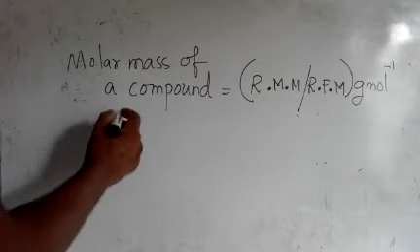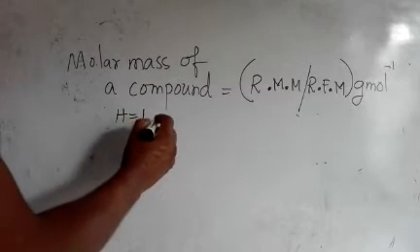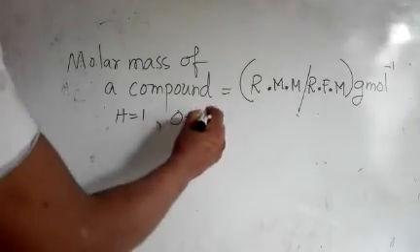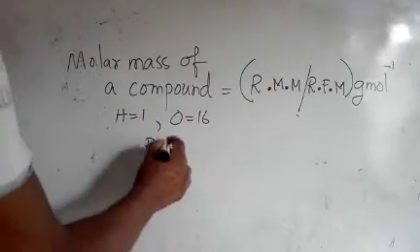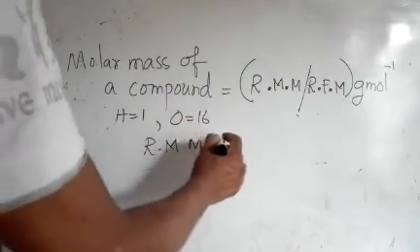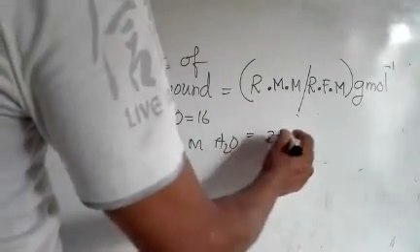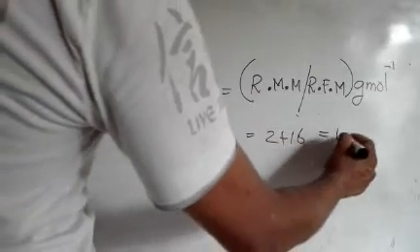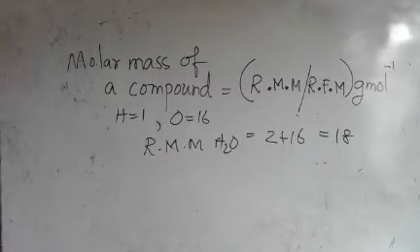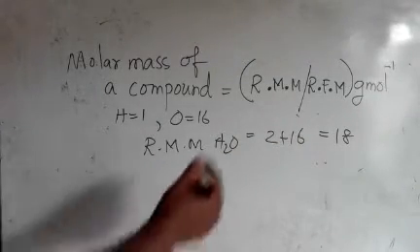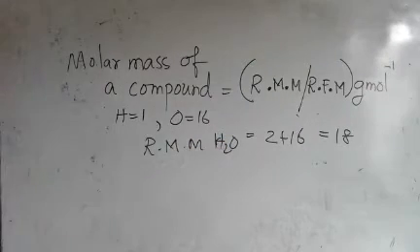Hydrogen has relative atomic mass 1, oxygen is 16. So the relative molecular mass of water will be 2 plus 16, which is 18.